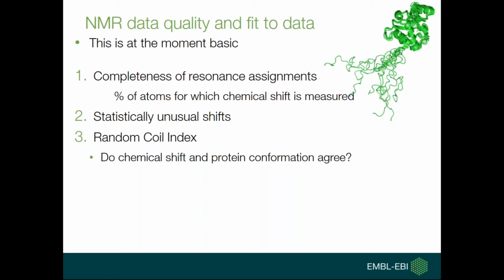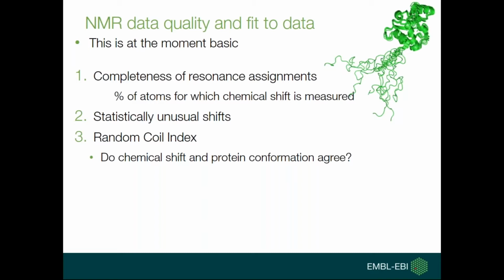The chemical shift is the frequency that the atom resonates at in a magnetic field. Every atom resonates at a particular frequency when it's put in a magnetic field. How many of those have we worked out what the frequency is? And then for those, we give those shifts which are statistically unusual. Again, there may be a good reason for it to be statistically unusual, but it's worth looking at.